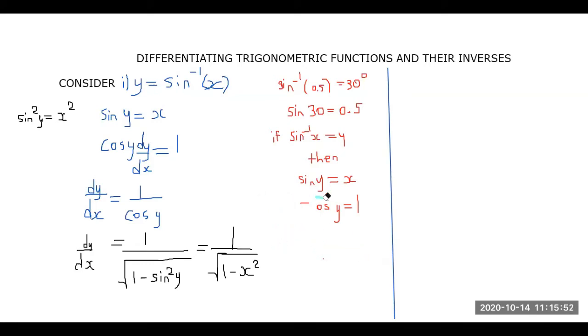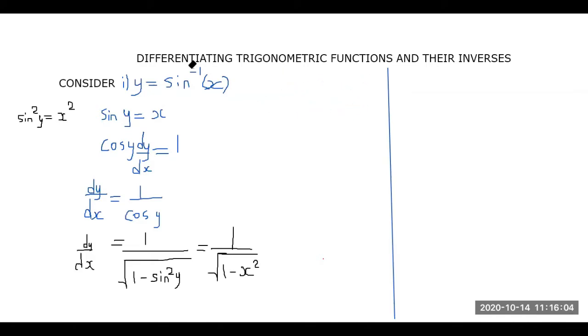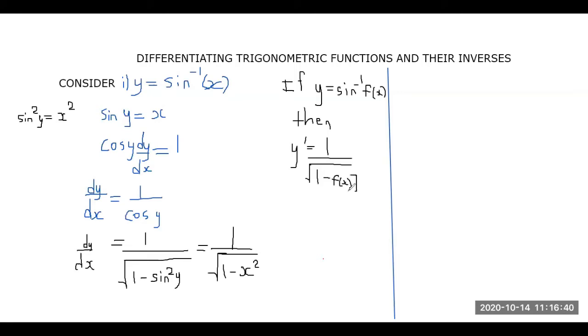If y is equal to sine inverse of a function of x, then dy by dx, or y prime, is equal to 1 over the square root of 1 minus f of x all squared, and then we multiply it by f prime of x.